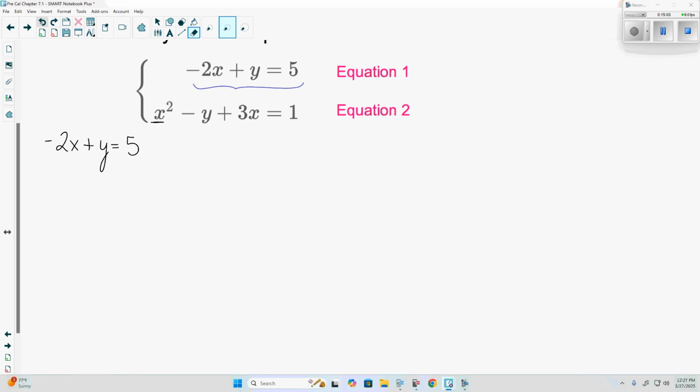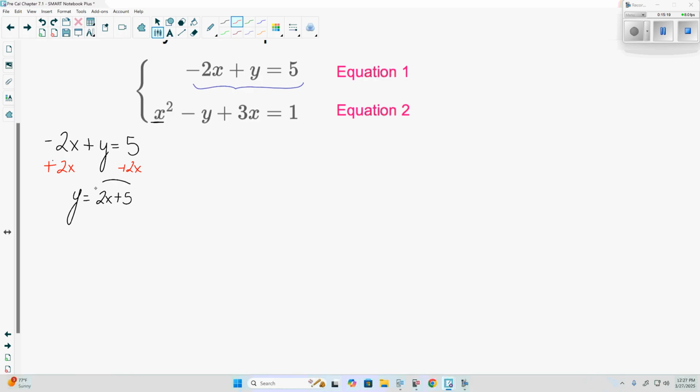where if we solve this equation for y, add 2x to both sides, we get y is equal to 2x plus 5. We don't have a fraction, which is nice.